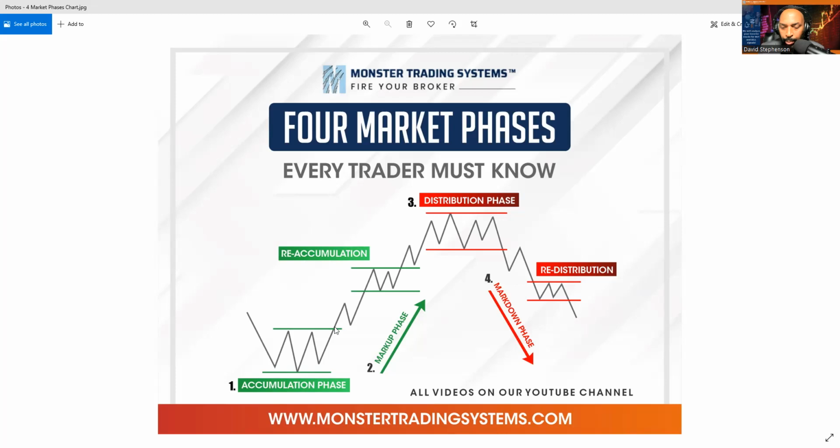We want to buy on a break of resistance. Once the price breaks that resistance, we want to be buying. This is the markup phase. Price came down, dropped, consolidated for a bit, broke resistance. Now buyers are in control. That's the markup phase, phase 2.